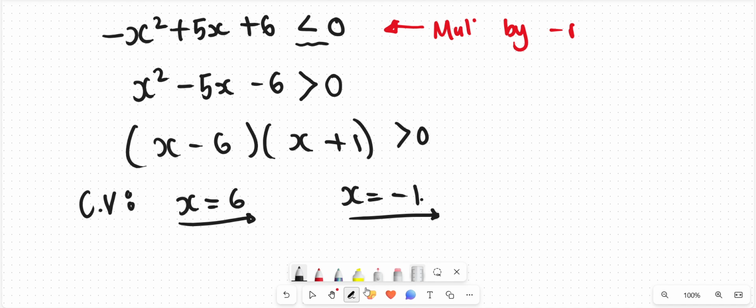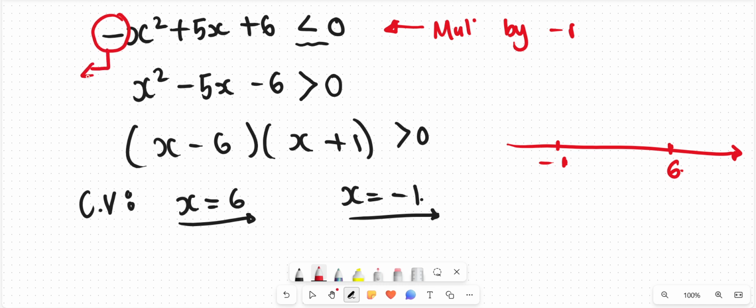Let's go and plot this. Again, there's your x-axis. We only need the x-axis, guys. We have the negative 1 this side and a positive 6 there. But in this case, what was our A? Our A was negative. So what does that tell me?